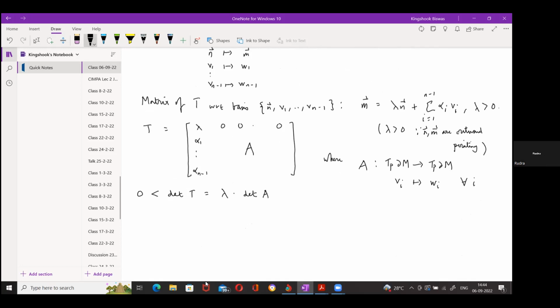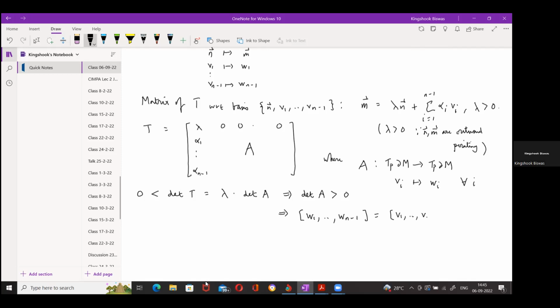So this implies that determinant A is positive, and that implies that the two bases w1 to wn minus 1 and v1 to vn minus 1 are equivalent.